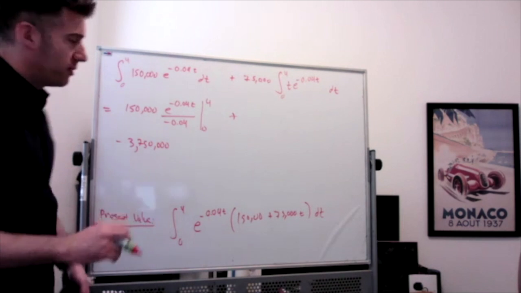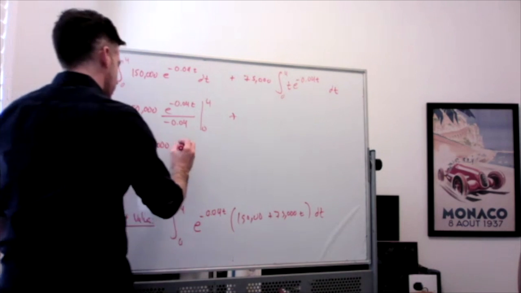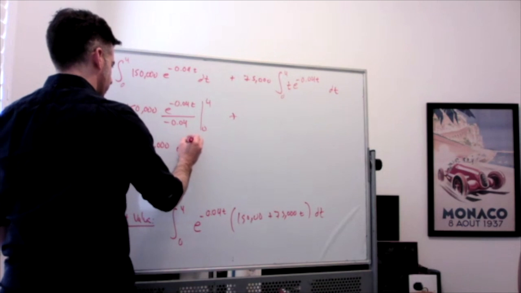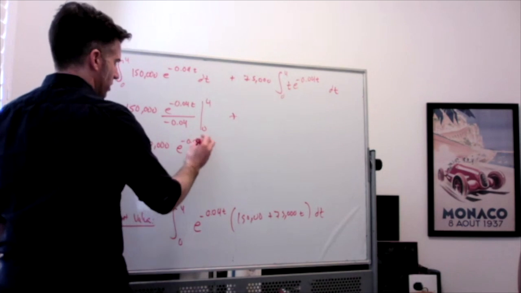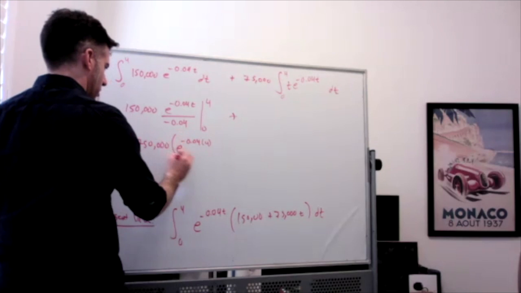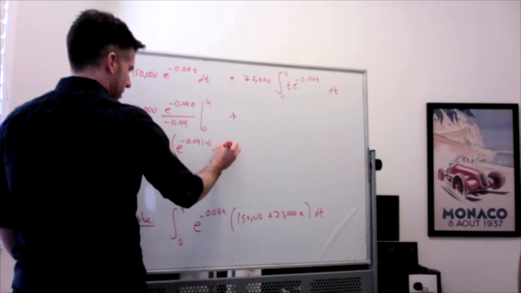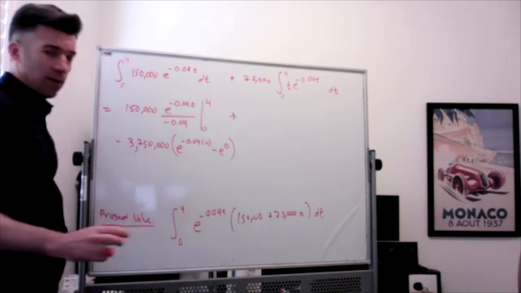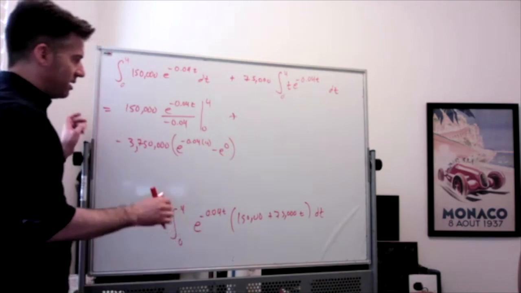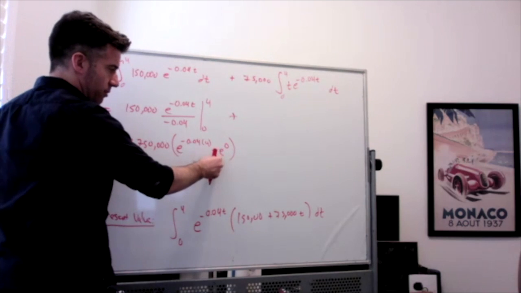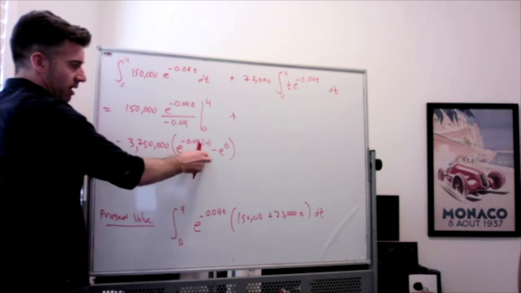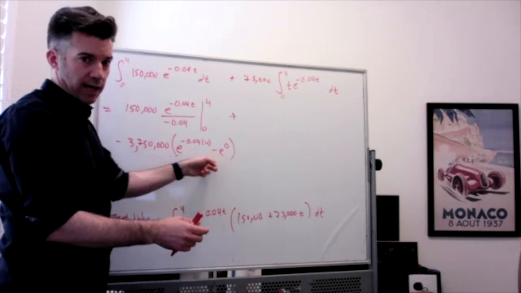Right. Okay. And then we've got e to the negative 0.04 times 4 minus e to the 0. And what I did last time, which I'm going to do again, is I said, well, this is something minus 1. I'm going to distribute the minus sign in there and make that 1 minus something.